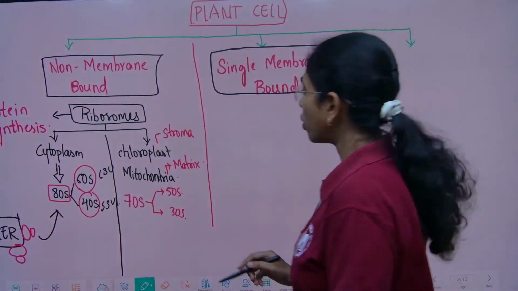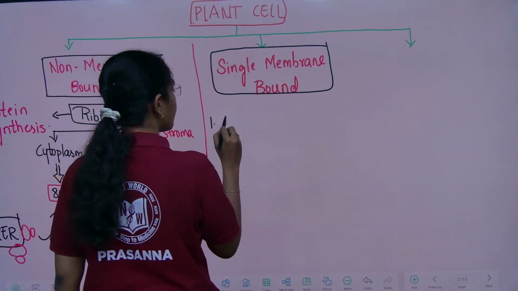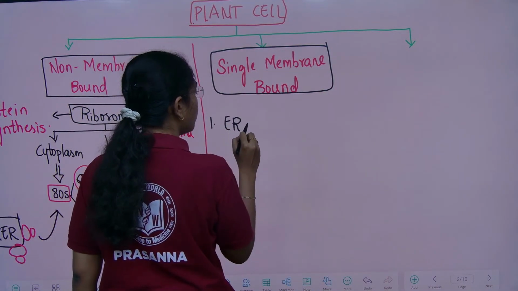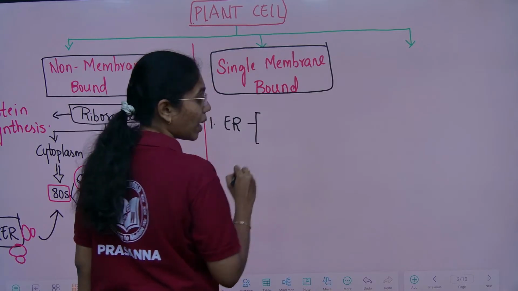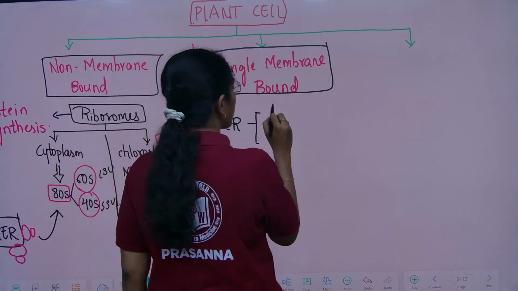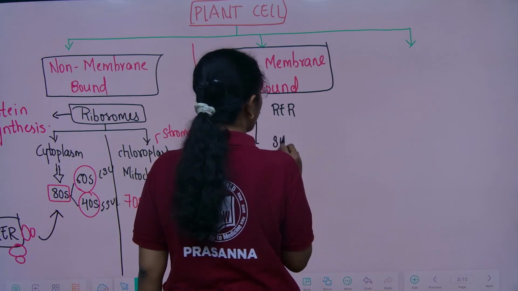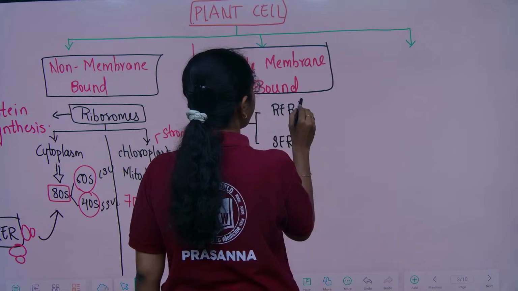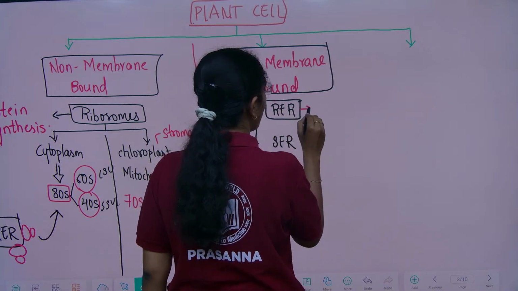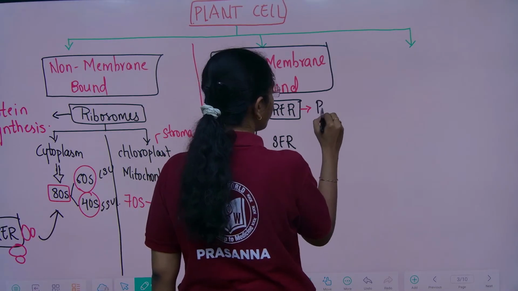Single membrane bound organelles, first is endoplasmic reticulum. We have 2 types of endoplasmic reticulum, rough endoplasmic reticulum and smooth endoplasmic reticulum. Rough endoplasmic reticulum is involved in the synthesis of proteins.